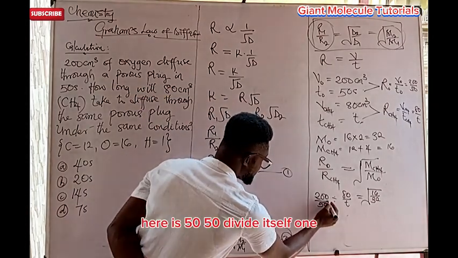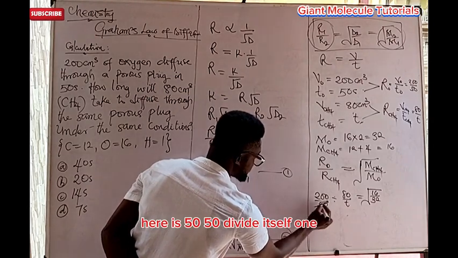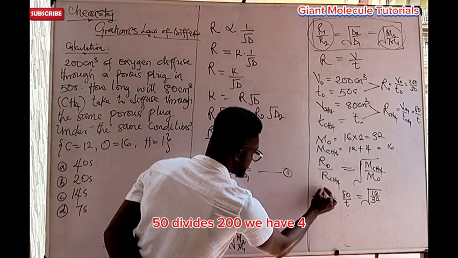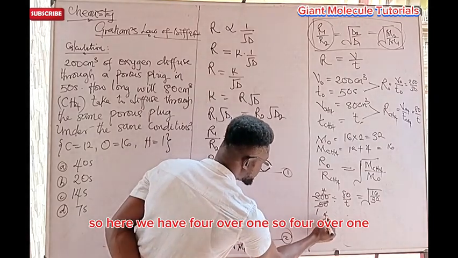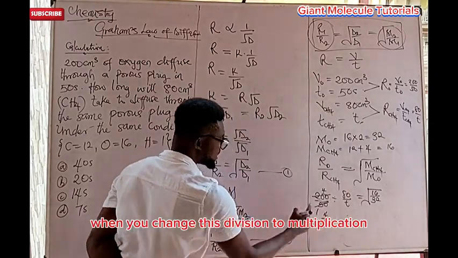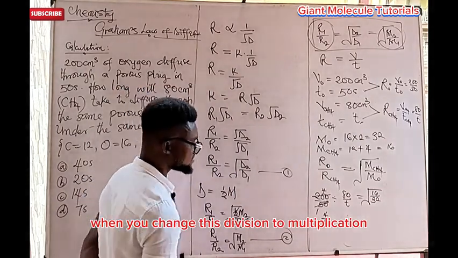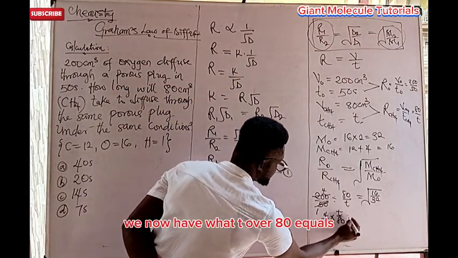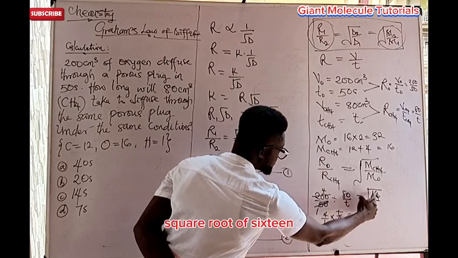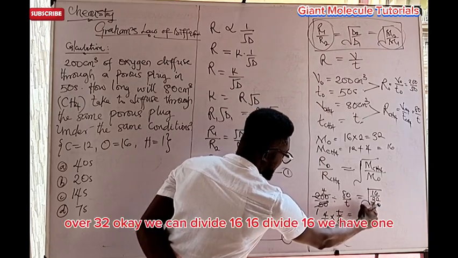Now here is 50. 50 divides itself, 1. 50 divides 200, we have 4. So here we have 4 over 1. When you change this division to multiplication, we now have T over 80 equals the square root of 16 over 32.